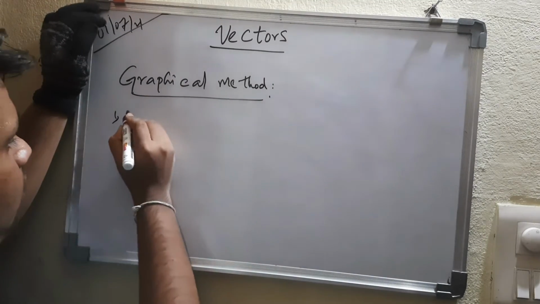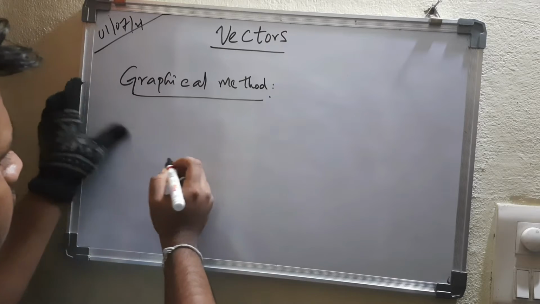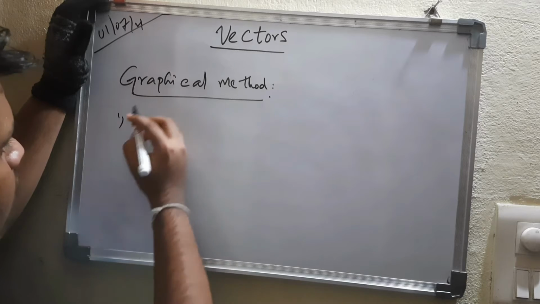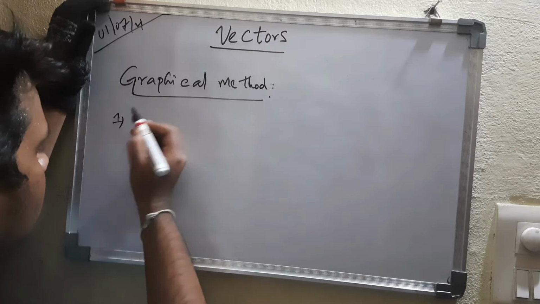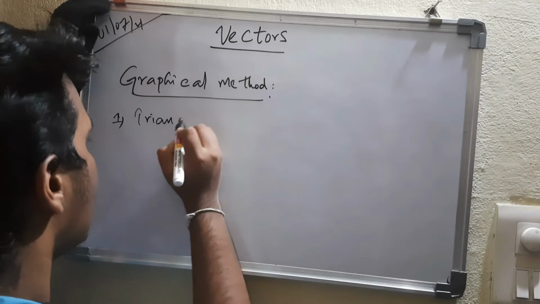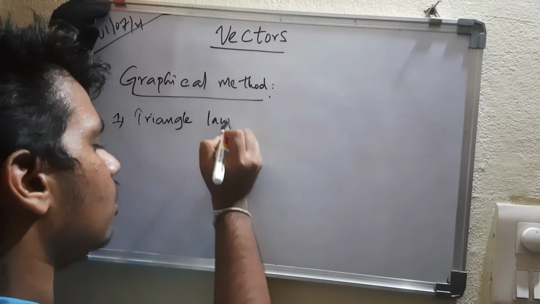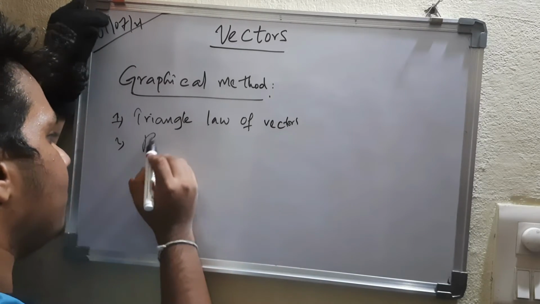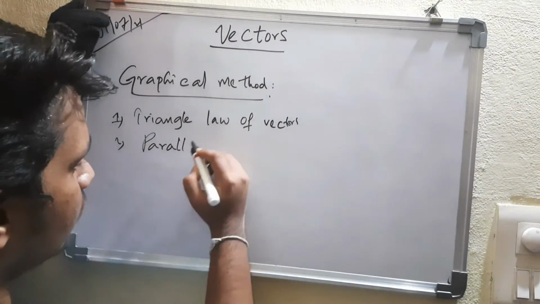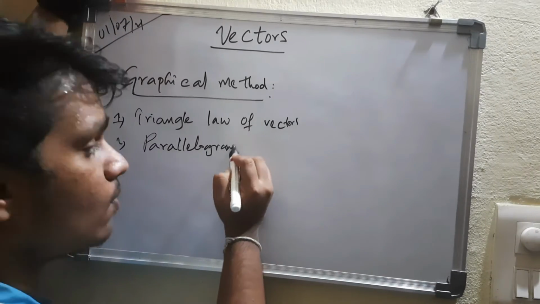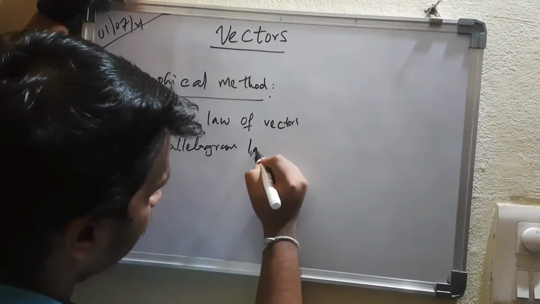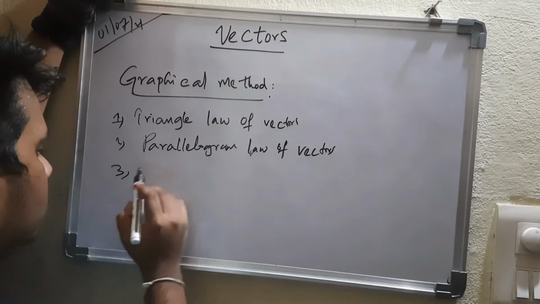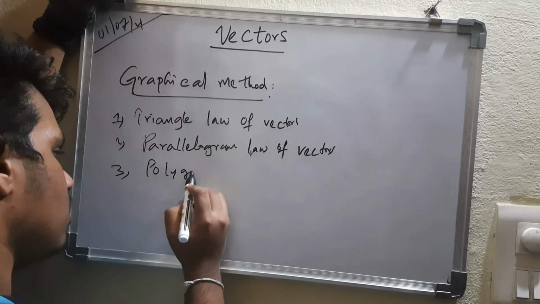There are 3 laws in the graphical method, but we'll discuss 2. I'll say the 3 names: triangle law of vectors, parallelogram law of vectors, and last one, polygon law.